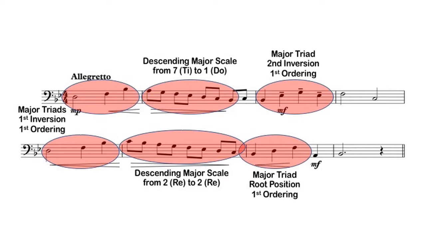Measure 5 has the same triad that began the work. Mi, sol, do. Measure 6 is a scale from re to re. Re, do, ti, la, sol, fa, mi, re. Measure 7 is a triad. Do, mi, sol. I can sing each of those structures individually, so now it's a matter of putting them all together.